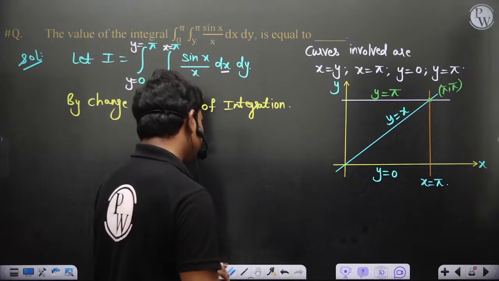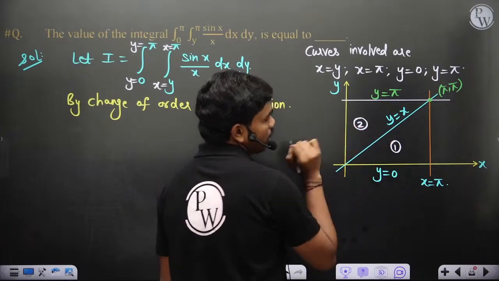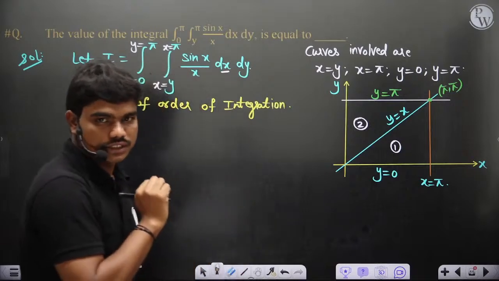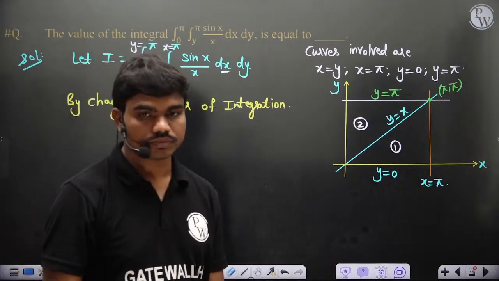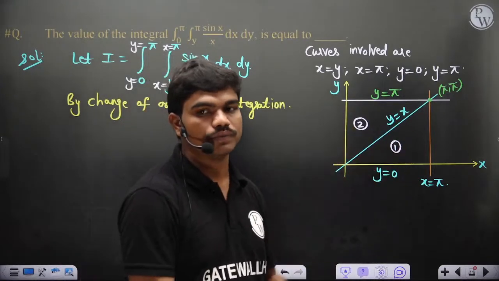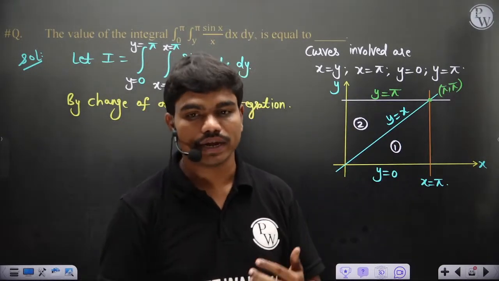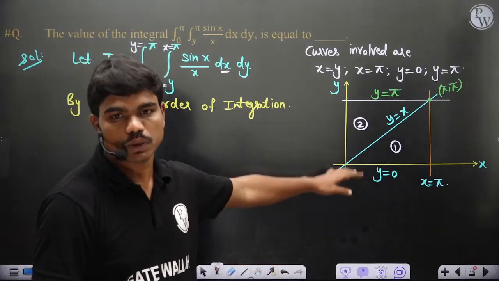Now try to tell one thing. You have two regions, first region and second region. Out of these two regions, which region should I consider? Please tell me. Please type in the chat box, out of region 1 and region 2, which region should I consider and why?